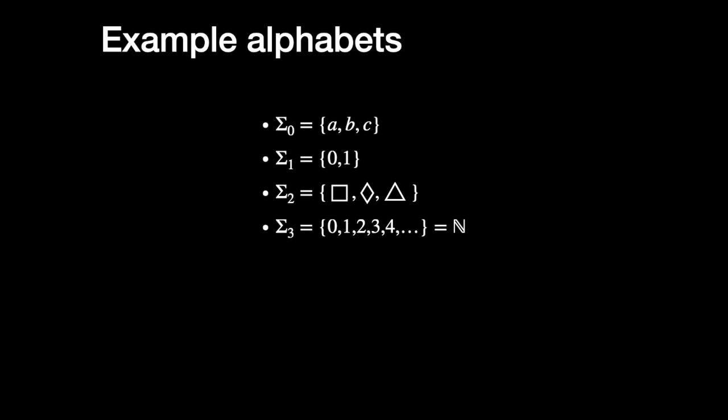The third is just several shapes, like a square, triangle, and diamond. And this emphasizes that alphabets can contain any symbols at all. Finally, the fourth is an infinite alphabet of all the natural numbers. Alphabets describe the symbols we are allowed to use when constructing words.